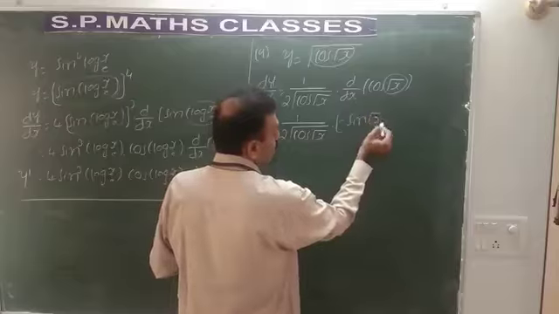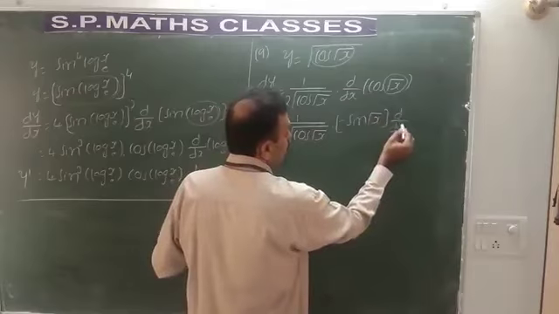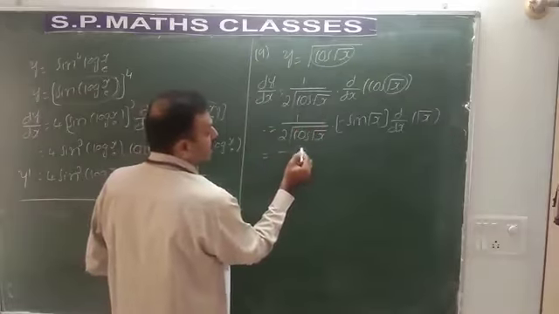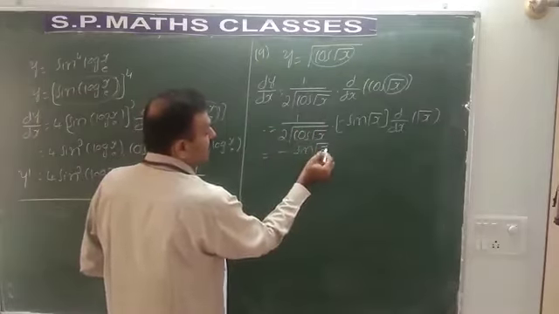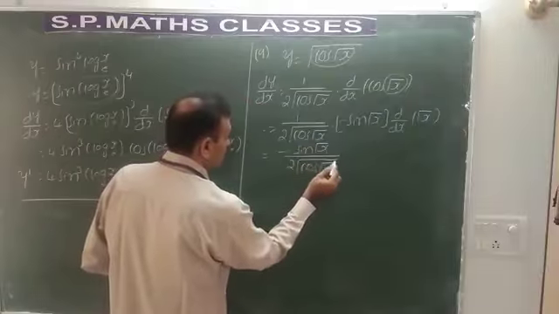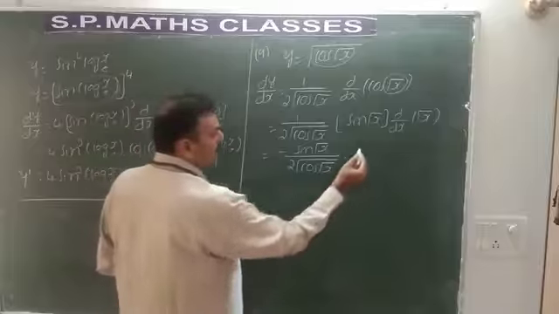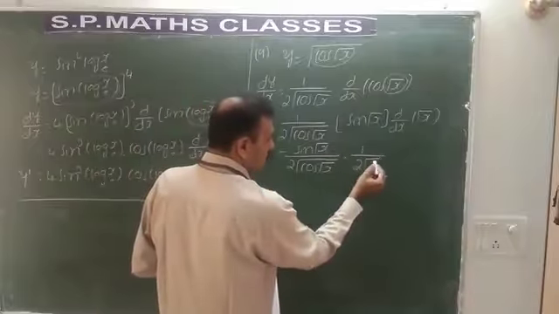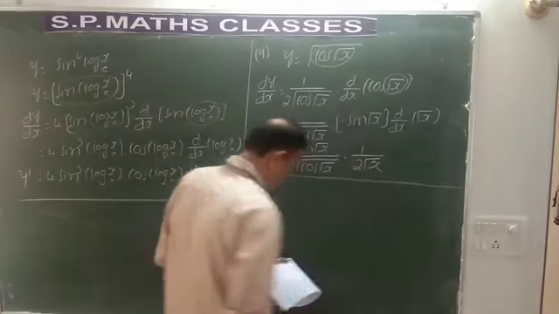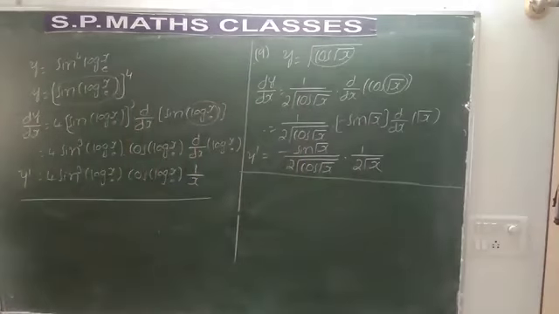Minus sine root x into derivative of root x. What is this? Minus sine root x divided by 2 root cos root x into derivative of root x, which will be 1 by 2 root x. That's what y dash is. Hope you have understood this. It's a very simple way by which you can solve the problem.